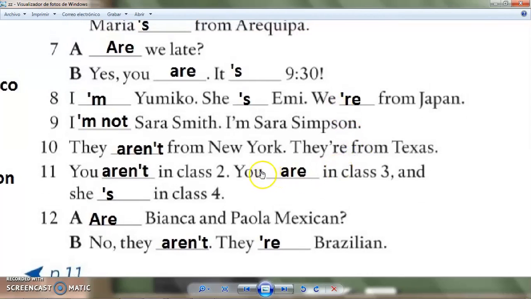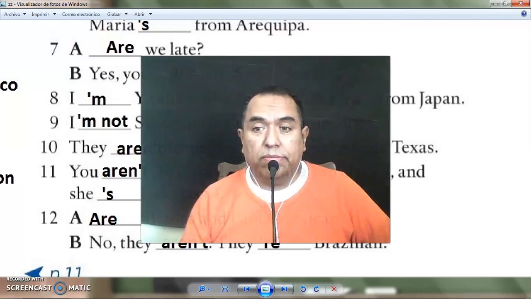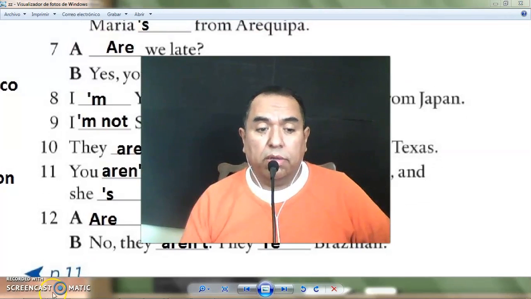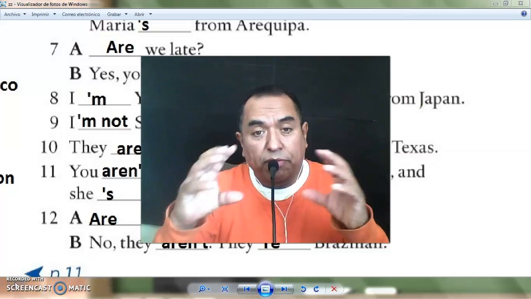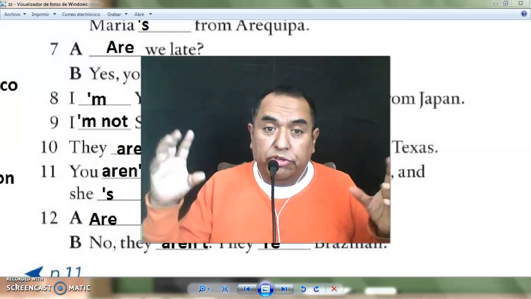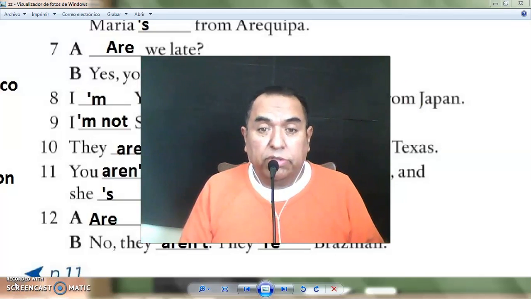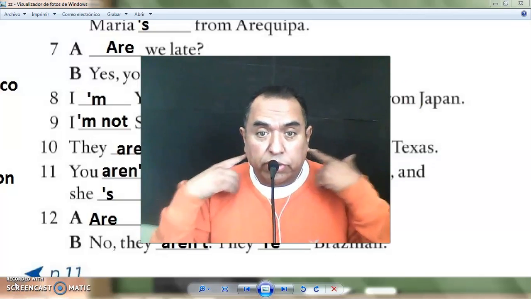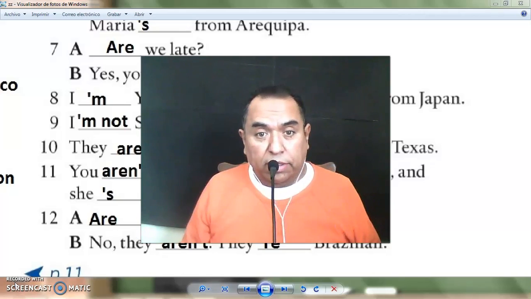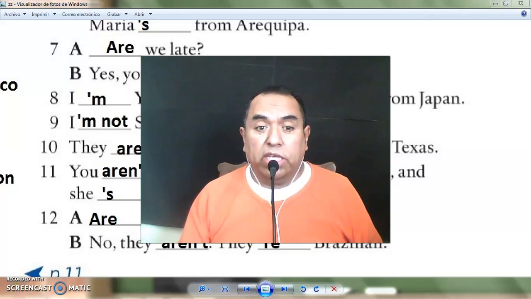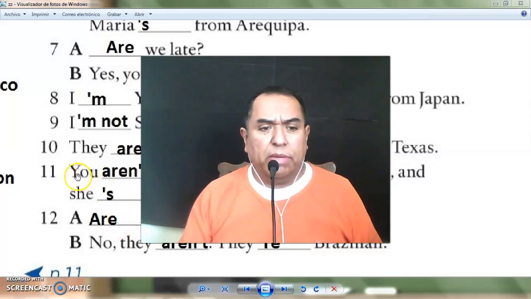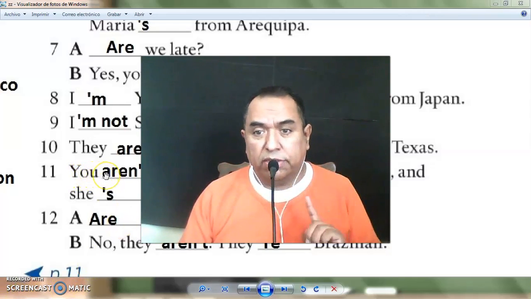Now, sometimes you're going to use the full form of the verb to be, and sometimes you're going to use the contracted way. Remember, when you're speaking, it's better to use contractions because that's what you're going to hear. It's more natural to hear that. Okay, so in the example in number 11, you aren't in class.